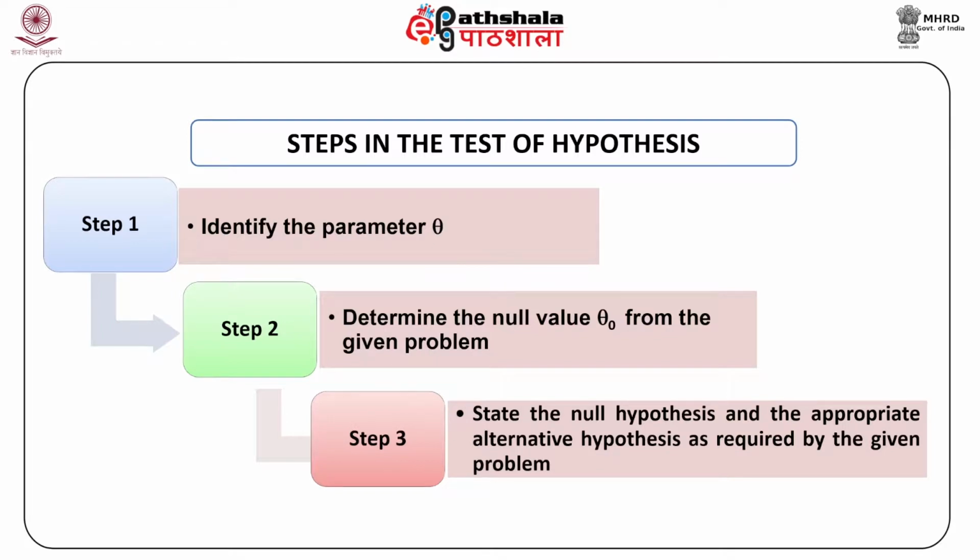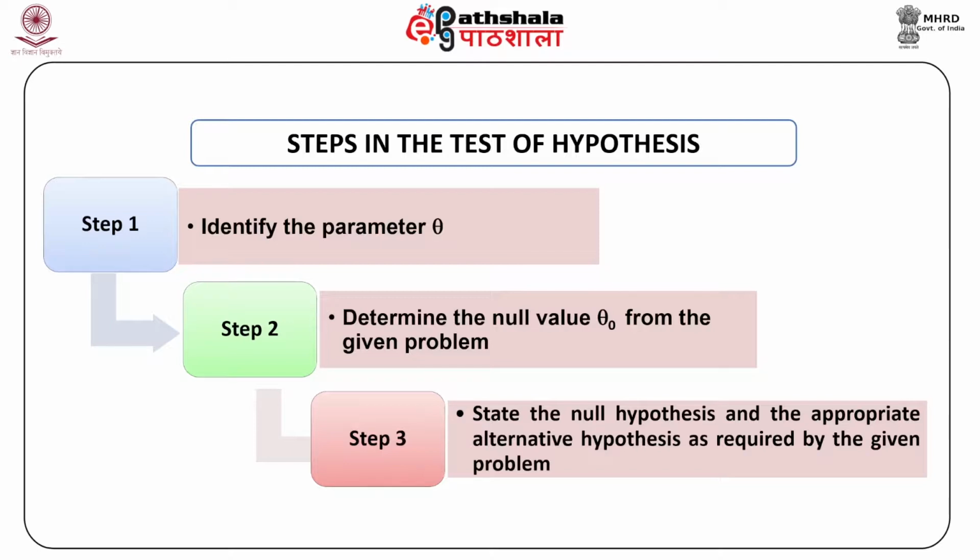The first step is to identify the parameter, say for example theta, which could be population mean mu or population proportion p or variance sigma square, etc. The second step is to determine the null value theta 0 from the given problem. So it means specify theta 0.